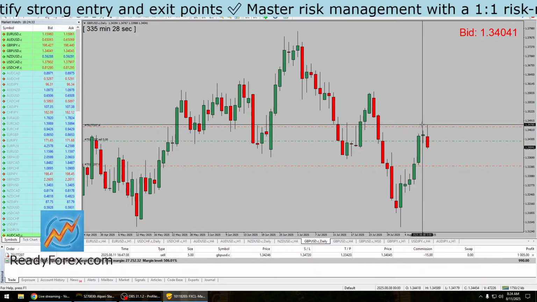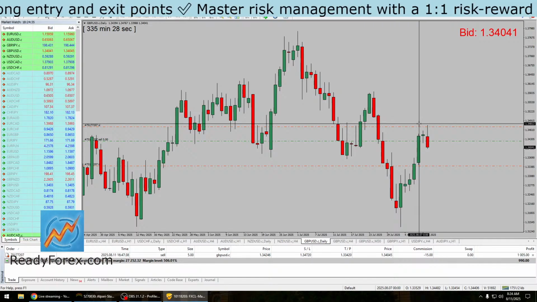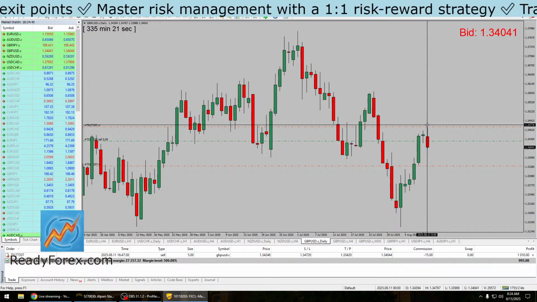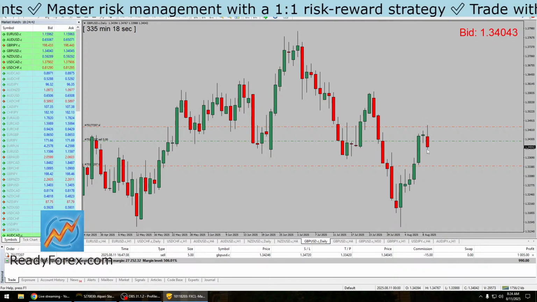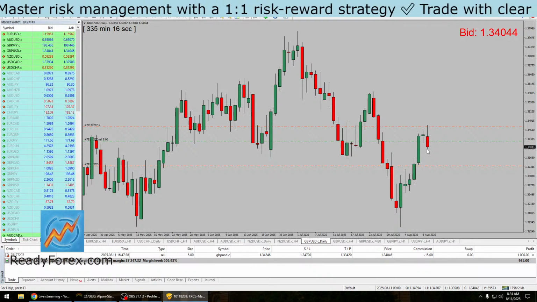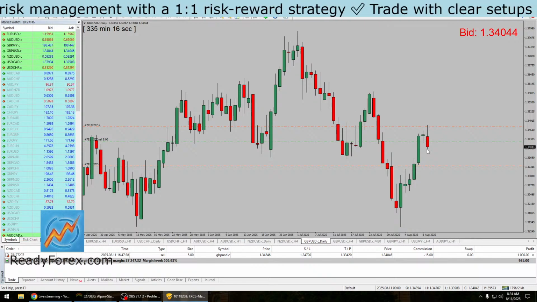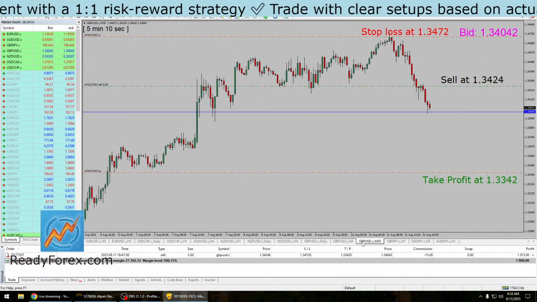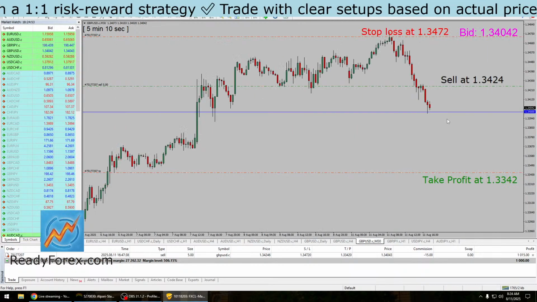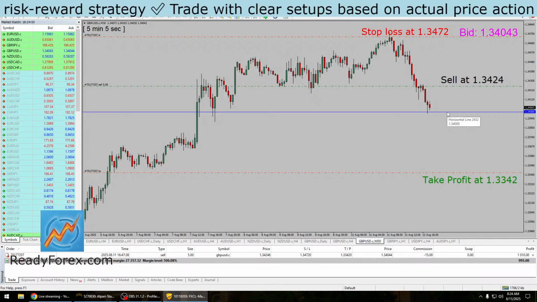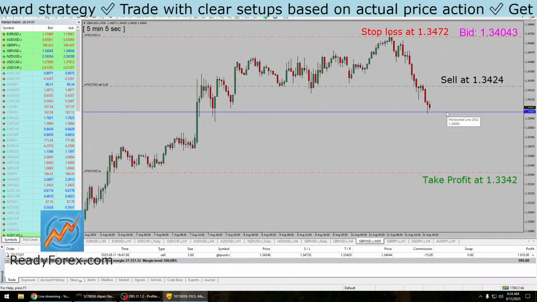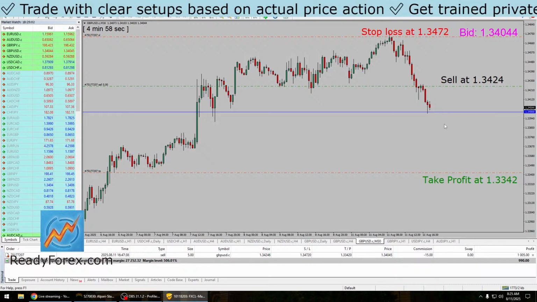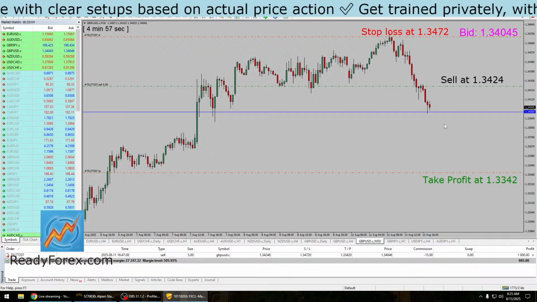So this was a kind of a deeper pullback that we got over here, and if the current daily time frame candlestick is going to close, it's going to be a bearish key reversal candlestick pattern. Okay, so still waiting for the price action to touch and break below 1.3400 area inside GBPUSD currency pair.